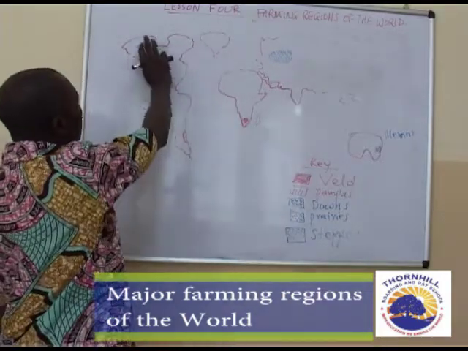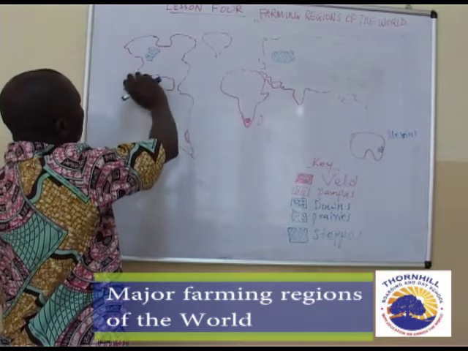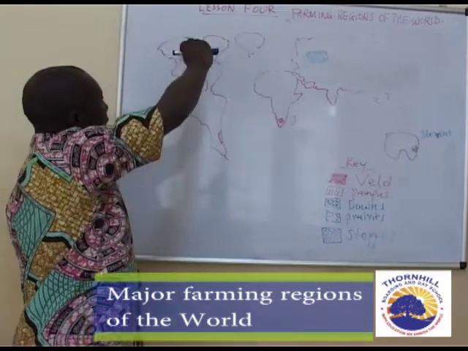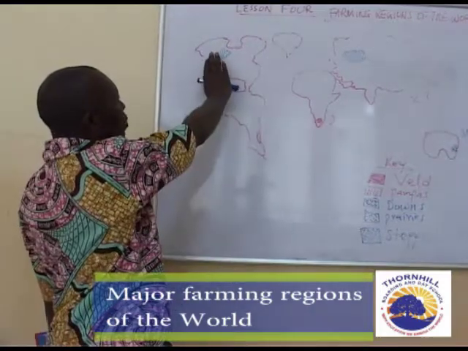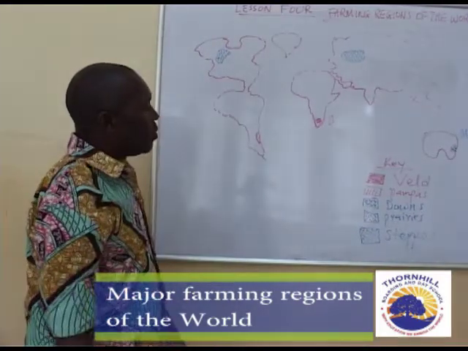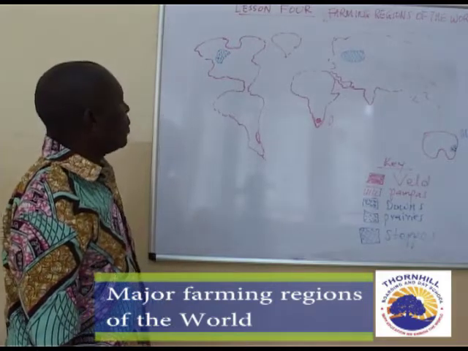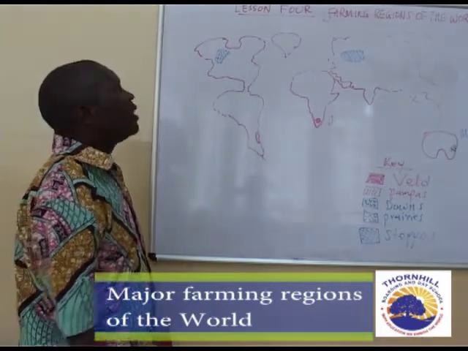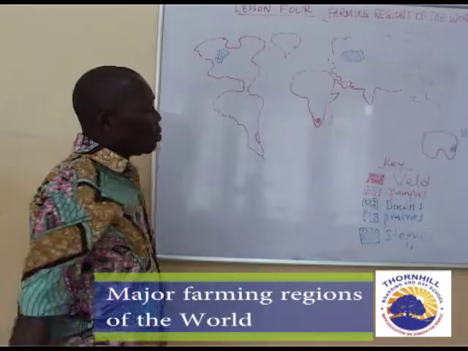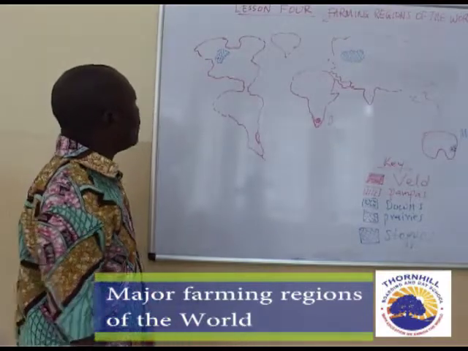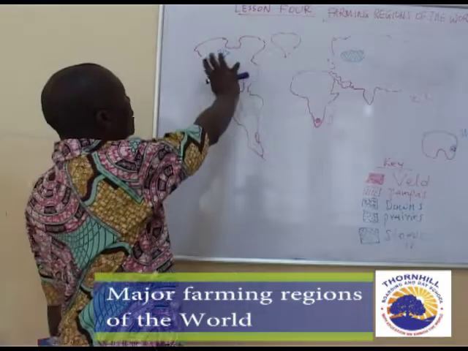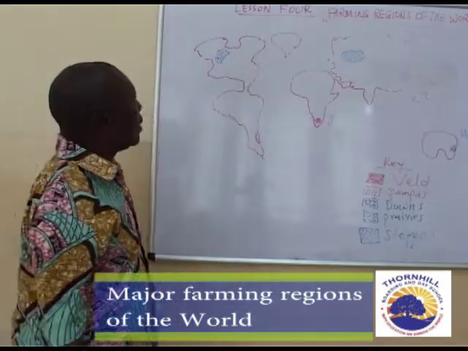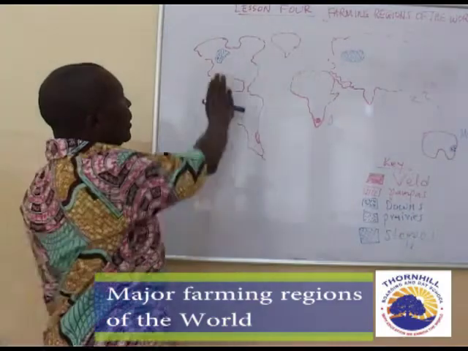Also, we came to the prairies in North America, that is Canada and the USA. This is one of the highest producers of wheat in the world, where they depend on machinery like the combine harvesters to process their wheat, but other crops are also grown like corn, oats and barley.